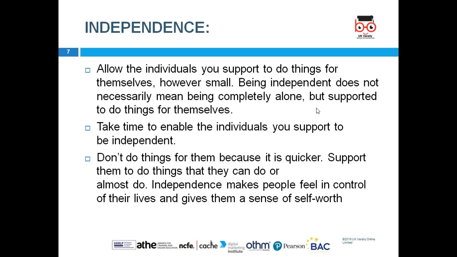You support them to do things that they can do or almost can do. The reason for this is that if we're supporting our patients to be as independent as possible, it makes them feel confident, they're in control of their lives, and they feel like they have a sense of worth, that they can actually do a lot more, that they're not just completely invalid in that sense.